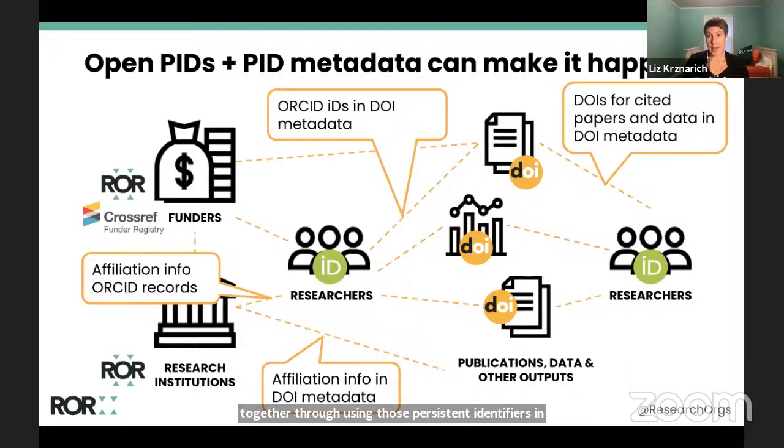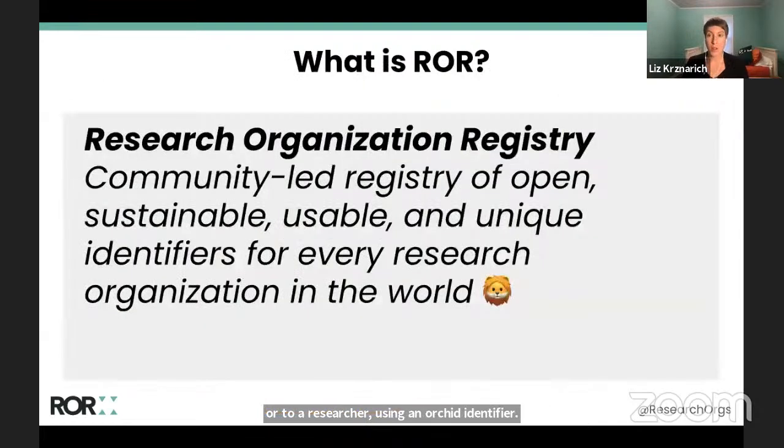So for example, we can link an object identified by a DOI to an institution using another type of identifier, an organization identifier, or to a researcher using an ORCID identifier. So that's the grand vision. That's where the Research Organization Registry comes in, or ROR. It's a community-led registry of persistent identifiers for research organizations specifically.